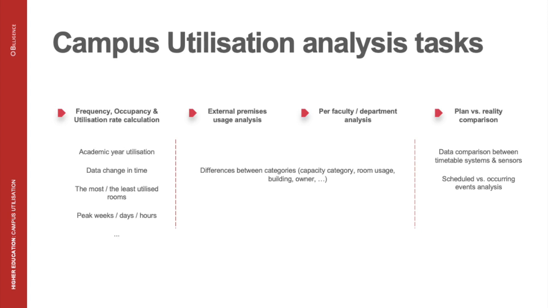We also looked at the external premises usage analysis, because of course there is an extra cost to that. It's not a sunk cost in terms of the real estate you already have, but you're paying a third party to utilize their facilities. So we looked at these facilities in different categories, the capacities they have, what they were being used for, the types of lessons, and also whether there were any particular individuals or schools that were favouring using external space for any particular reason.